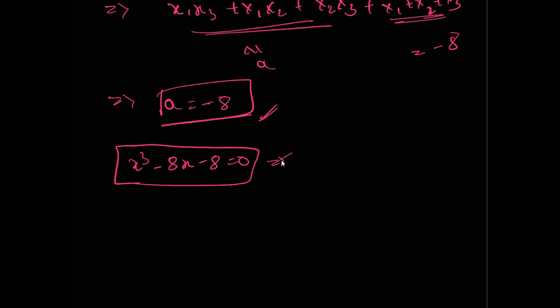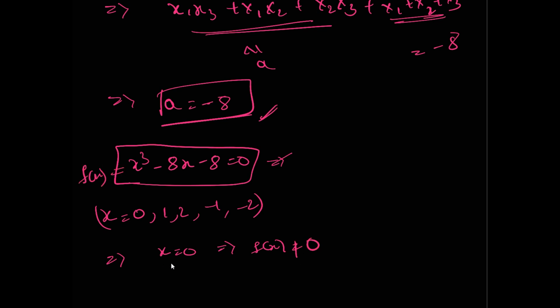Now we have to find the roots of this equation. Let us substitute x equals 0, 1, 2, minus 1, minus 2. If we assume this as f of x, for x equals 0, f of x will be non-zero.